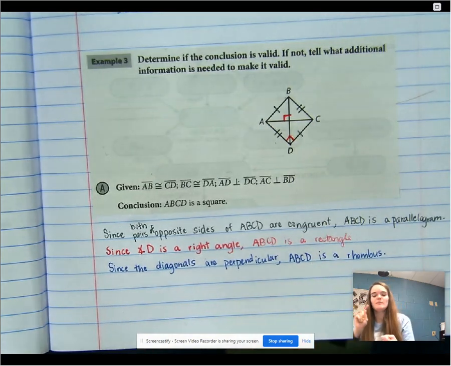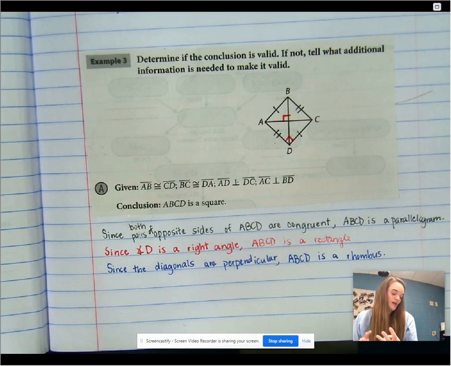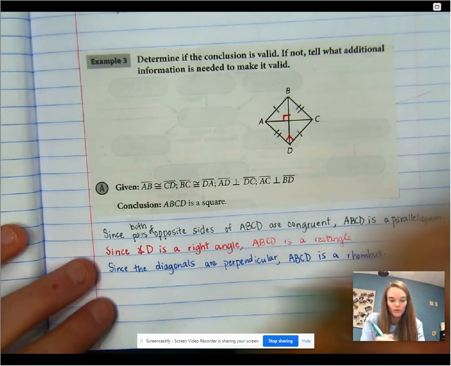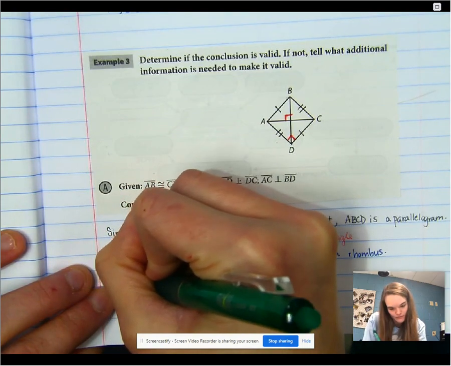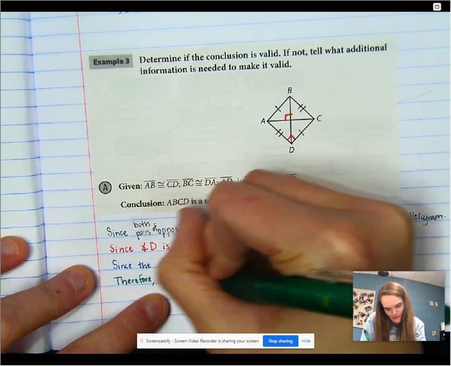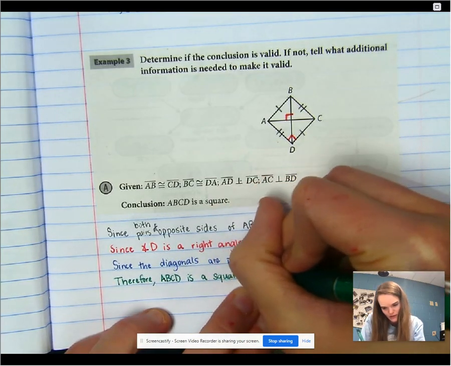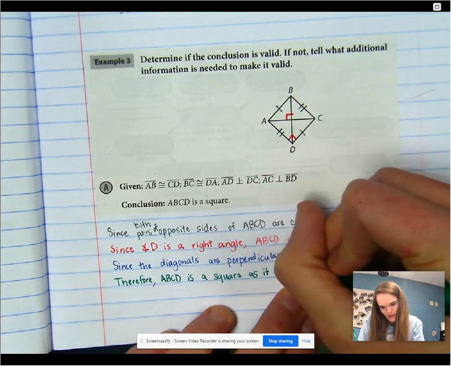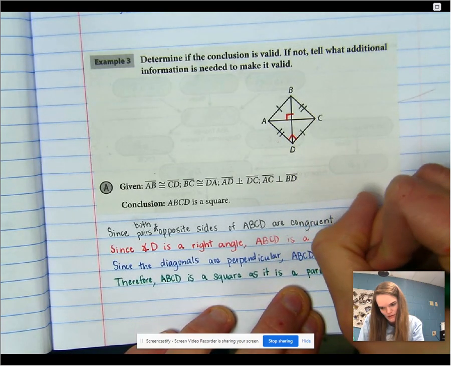Okay, it is a parallelogram. It is a rectangle. It is a rhombus. So, therefore, ABCD is a square as it is a parallelogram, a rectangle, and a rhombus.